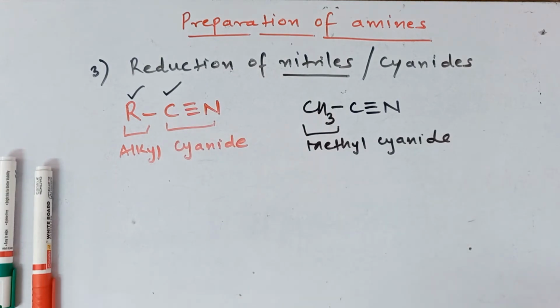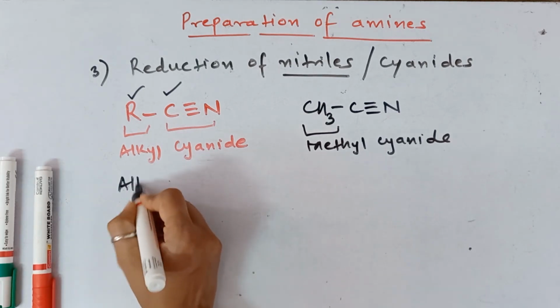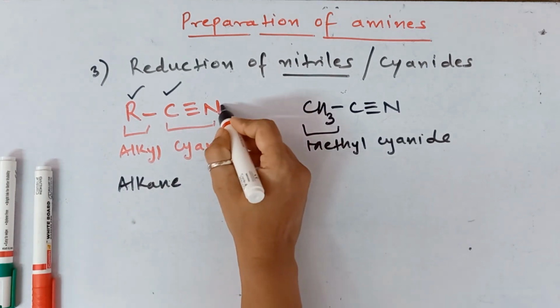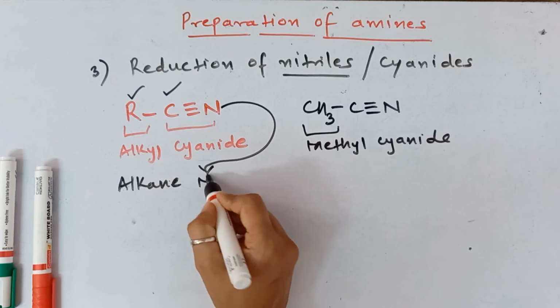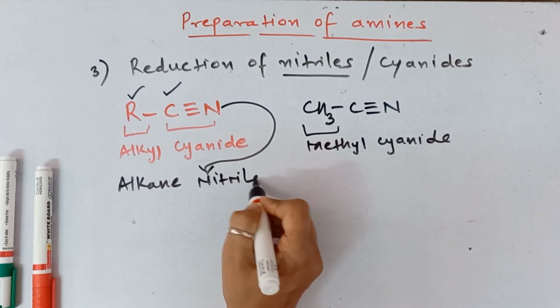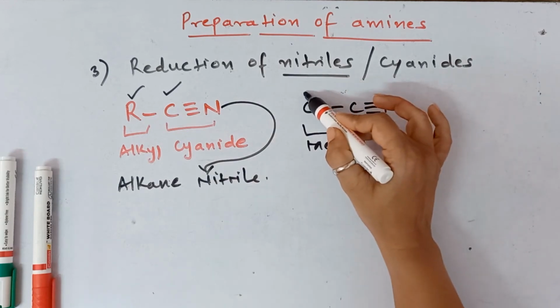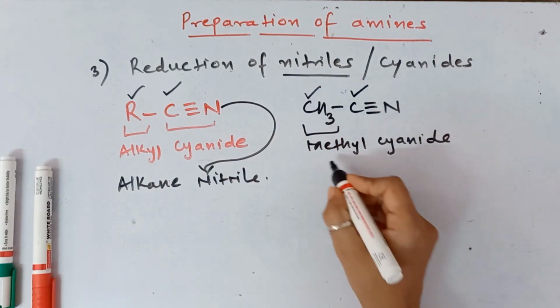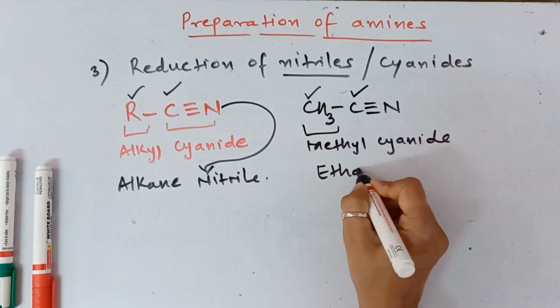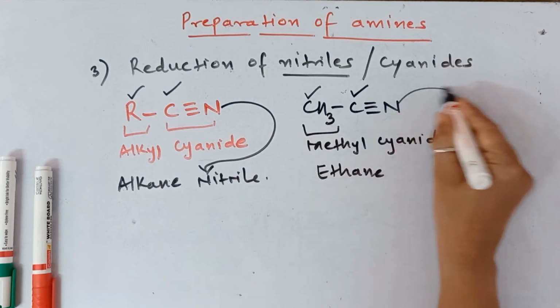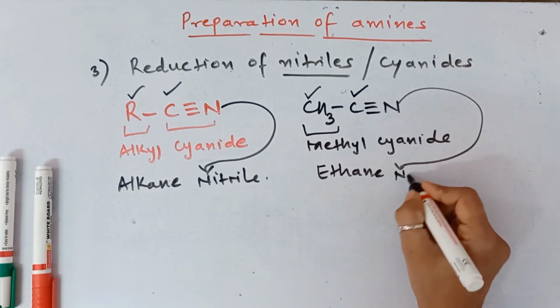When you count both the carbon atoms, it becomes ethane, and the nitrogen will be read as nitrile.